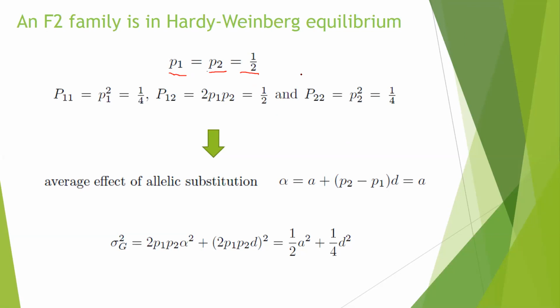So think about just one locus. The F1 is heterozygous, and we start from that single genotype to produce the F2 family progeny. In this F2 progeny population, the frequencies for these two alleles are equal, 1/2. So this is a very special case. If P1 equals P2 equals 0.5, then it's easy.